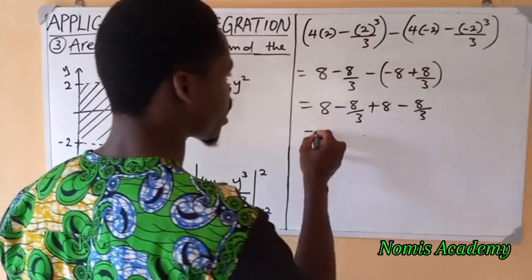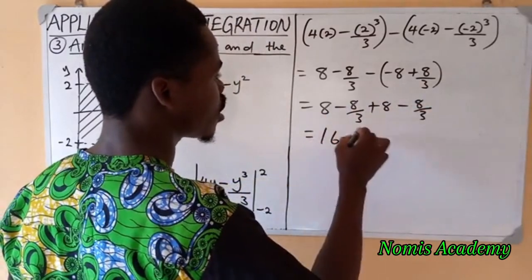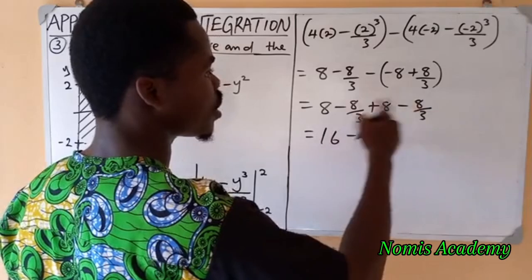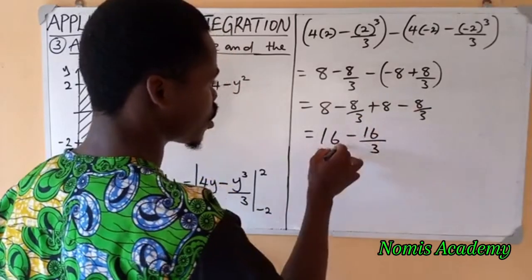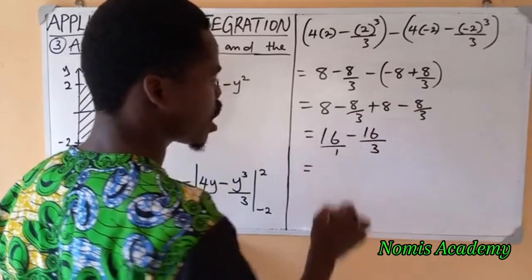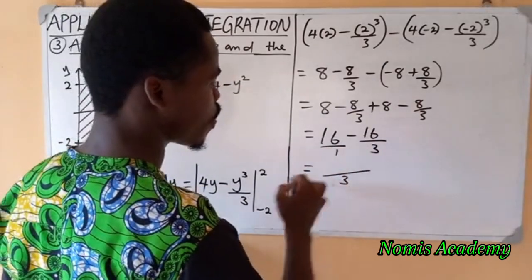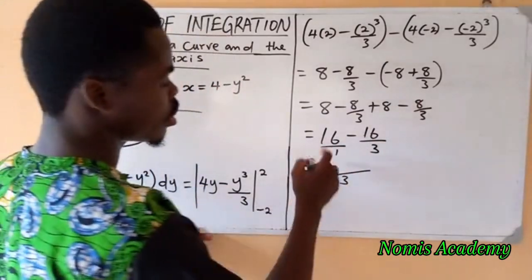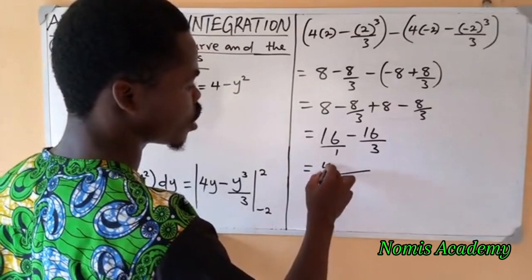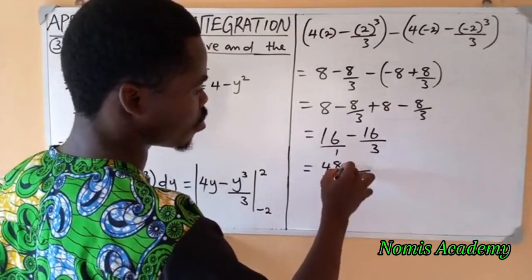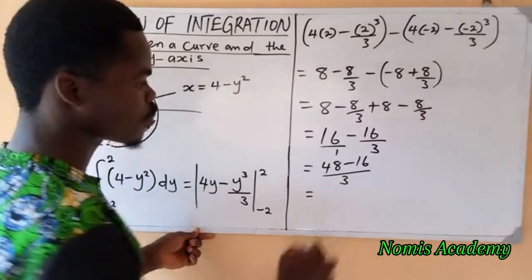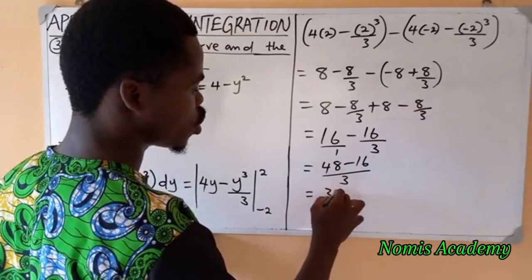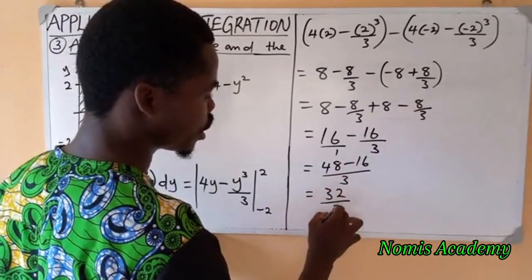So we quickly collect like terms. Here we have 16 minus 2 of these, that will be 16 over 3. So let's take LCM. LCM will be 3 into, here will be 48 minus 16, and that will be 32 all over 3.